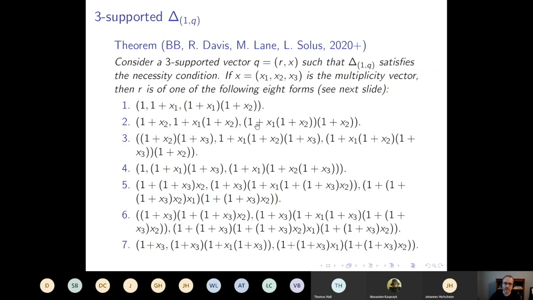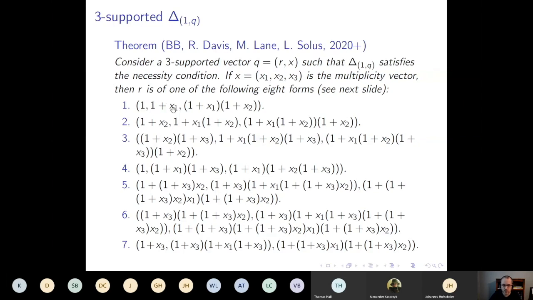Okay? And this looks just horrible, and it is, but you can still see this structure where I have a 1 plus x1 and then another 1 plus x1. So I'm factoring things out, and I've got these various things going on. I also want to emphasize that this one in the first set of distinct entries, or the first support, has multiplicity x1.